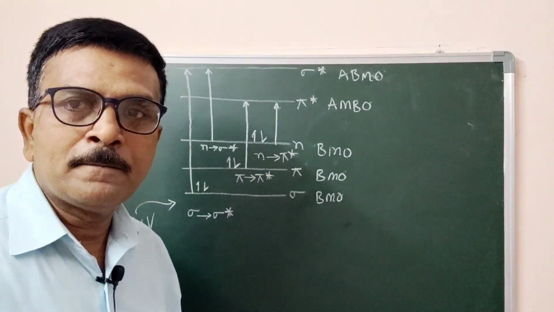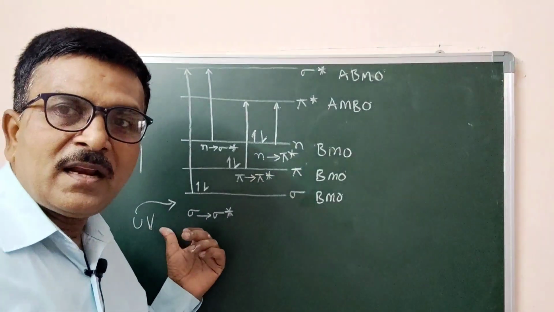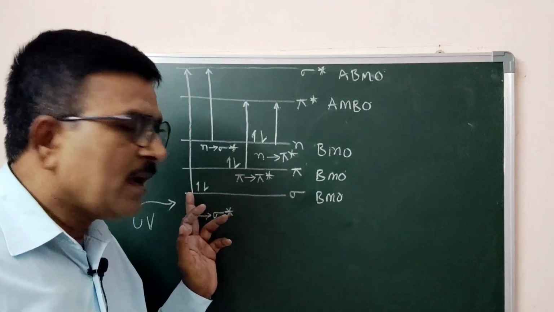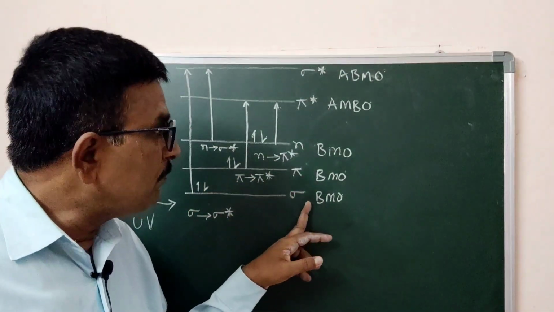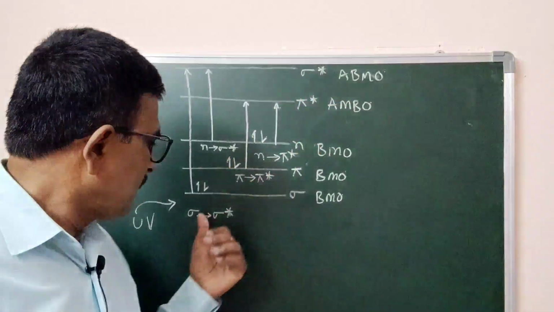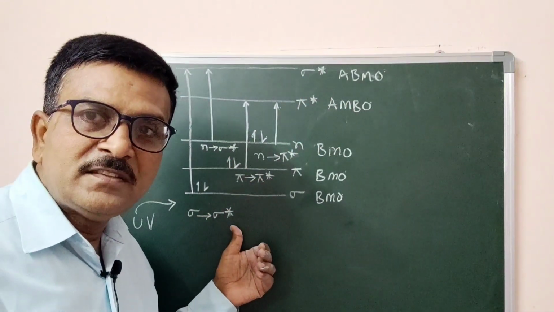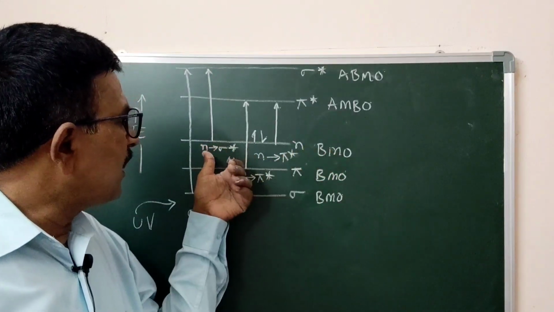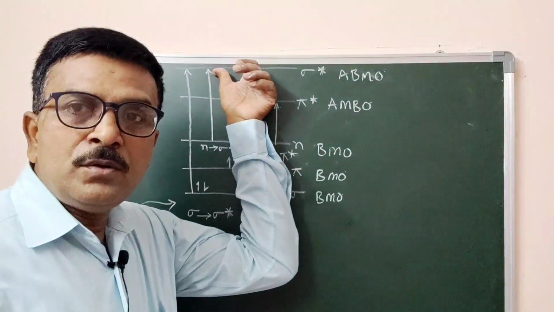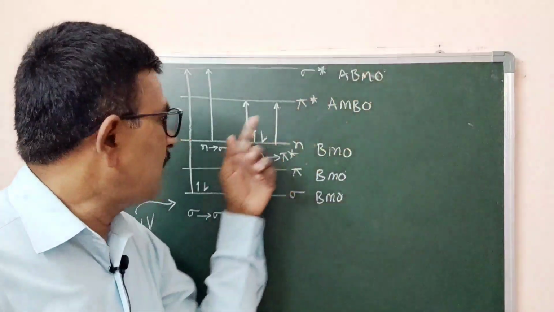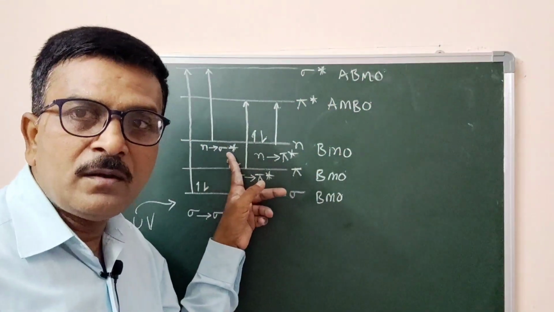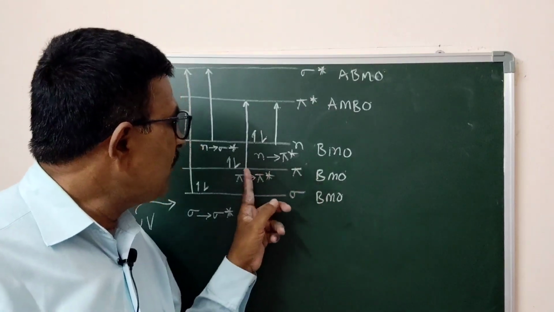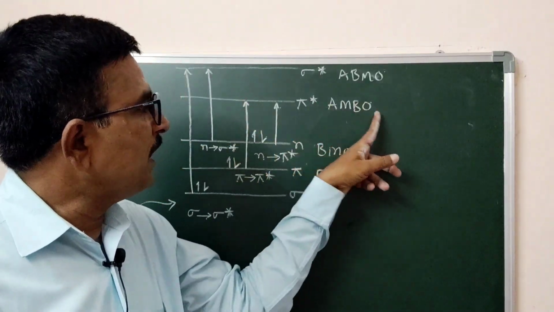Now, orbitals with different energies have an electron of sigma, or an electron in pi, or an electron of non-bonding. When we supply ultraviolet energy to the sample, the electron may undergo transition from the sigma BMO to sigma star, the sigma to sigma star transition, or an electron of the non-bonding molecular orbital may undergo transition to the sigma anti-bonding molecular orbital, that is N to sigma star, or an electron of the pi BMO undergoes transition to pi anti-bonding.